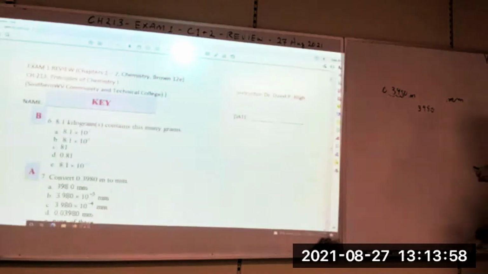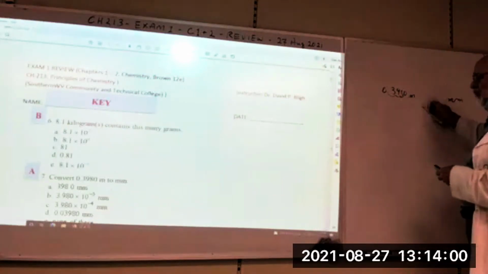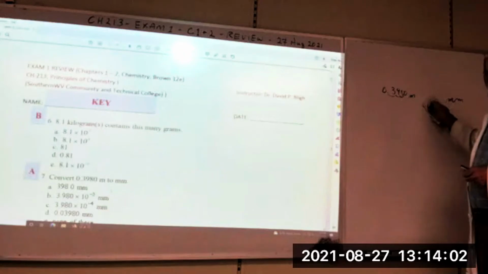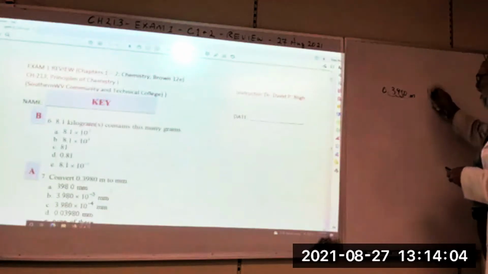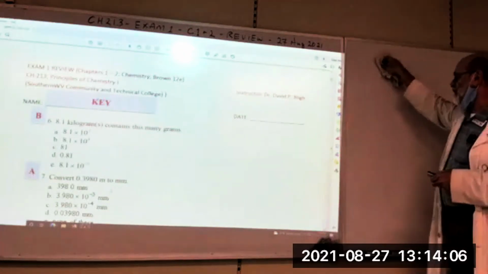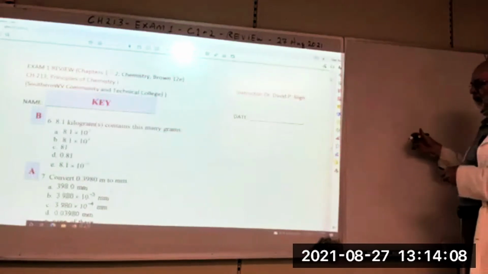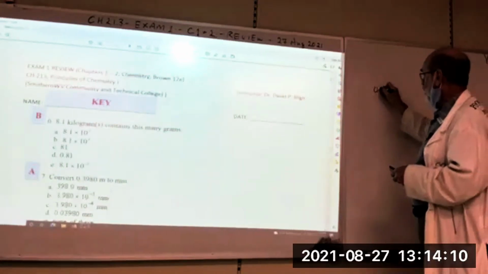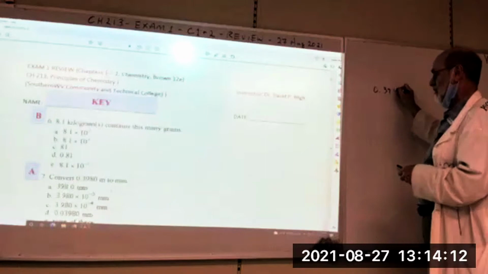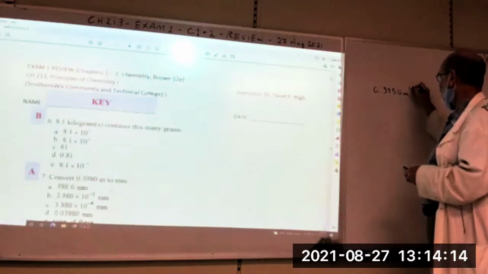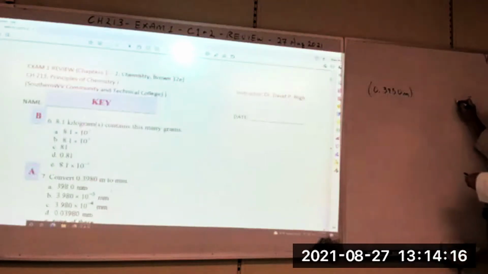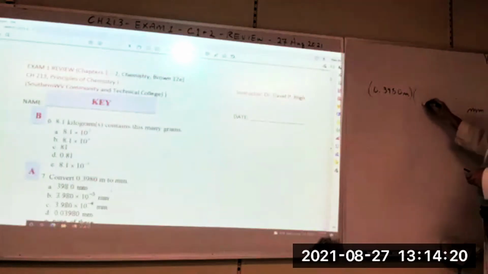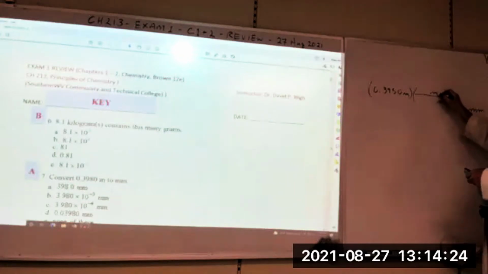Or the other way to do it is dimensional analysis. We talked about that. We did talk about that, didn't we? A little bit. In this class, I think we get it in the first 2 chapters. So we could do it this way: 0.3980 meters. Now we want to convert it to millimeters. So you need a conversion factor that will cancel the meters and leave you with millimeters.